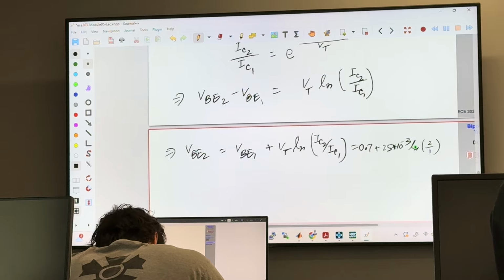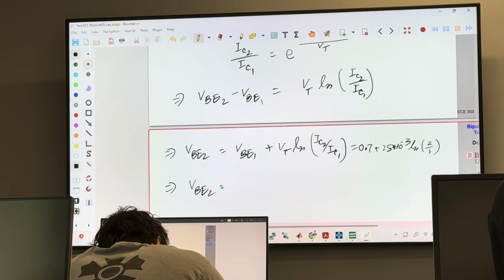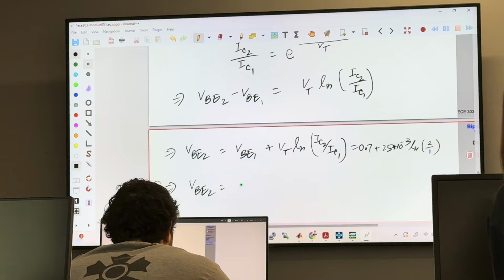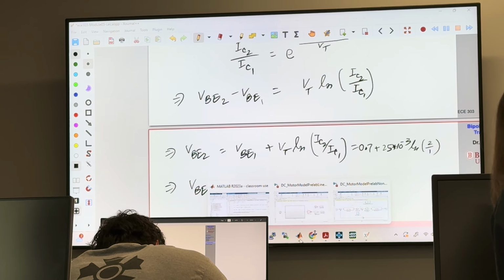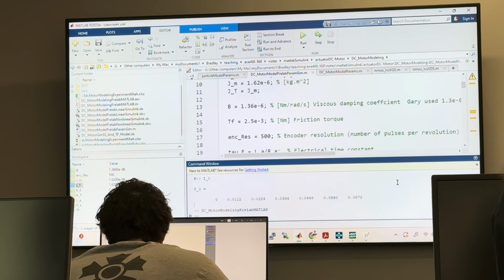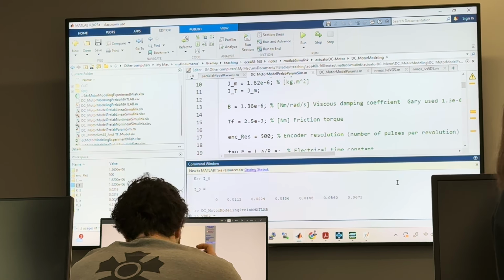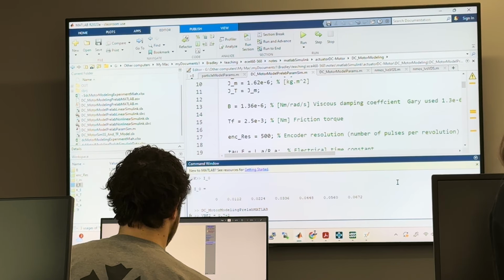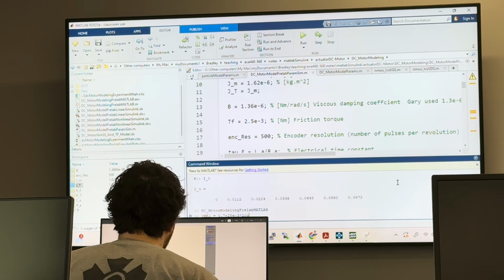So how much is it, guys? VBE2 equals 0.7 plus 25 times 10 to the negative 3 times log.